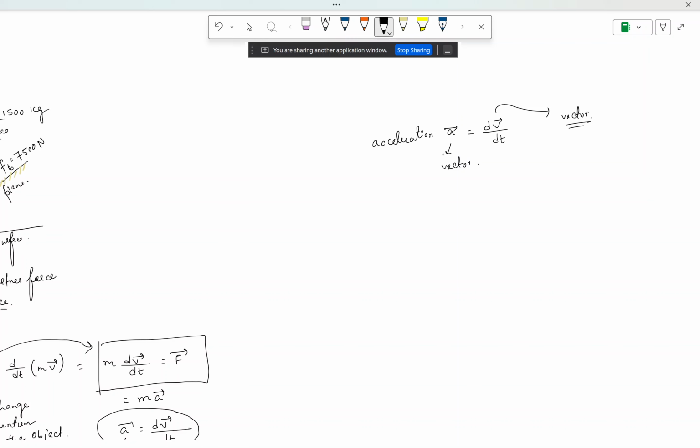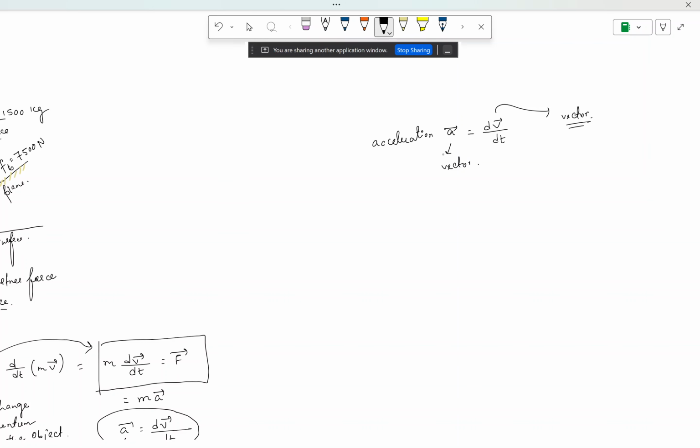It can also move with a constant velocity. In that case you will have no acceleration, but whenever you are changing the velocity, speeding up or slowing down, then acceleration appears. Let's say for slowing down, when you push the brake, you are suddenly changing its velocity to a slower value.